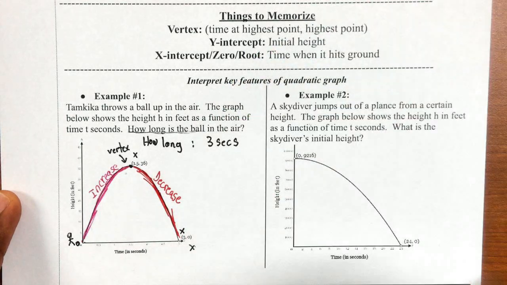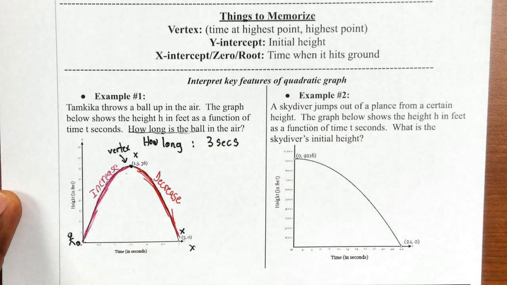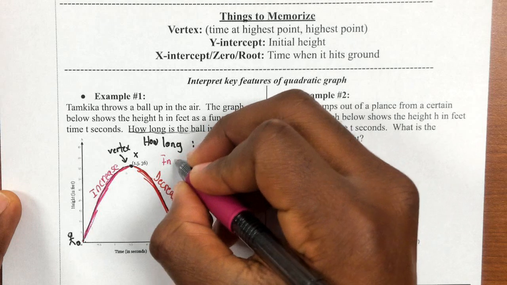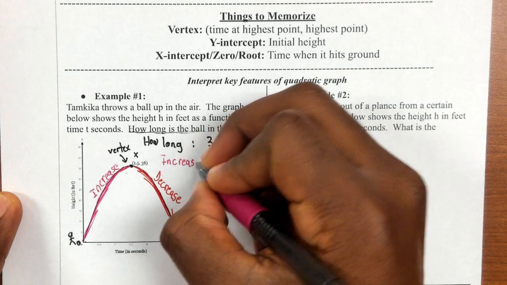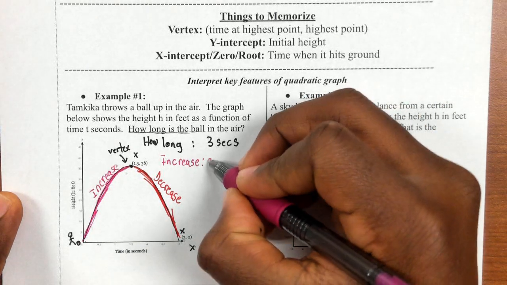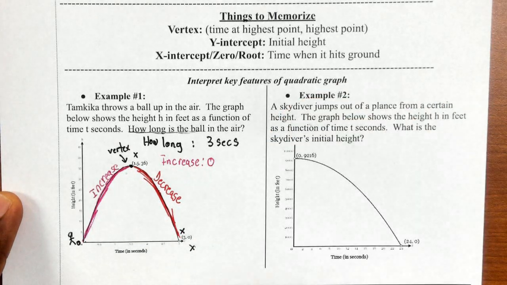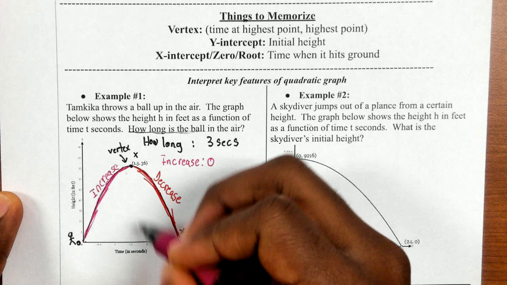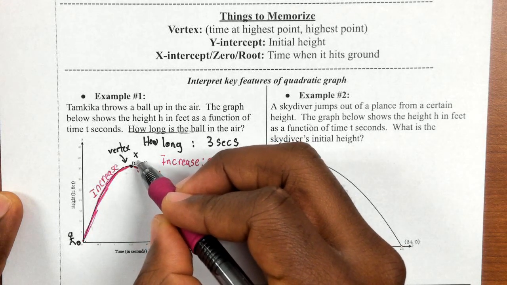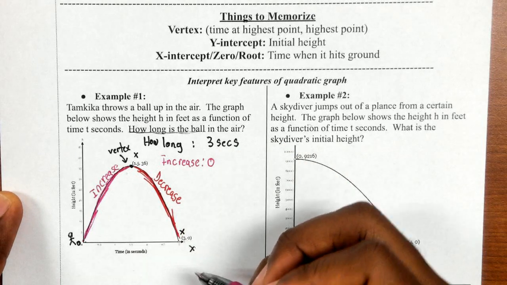So this involves a lot of interpretation. On the interval where she's increasing, if I wanted to depict where she's increasing, we would say that she started to increase when x was 0, and then she stopped increasing at 1.5. That's where the x value, or the time value, is.